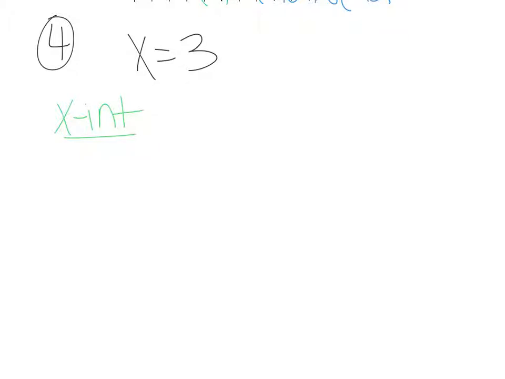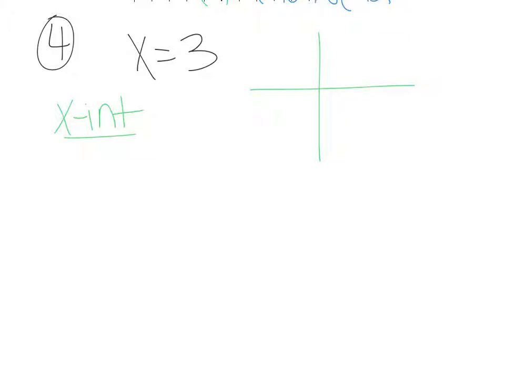Set y equal to 0. What's the problem here? There is no y. What this tells me is that this line never crosses my y-axis. If there's no y, it's never going to cross that y-axis. This vertical line here, it's never going to cross that line.